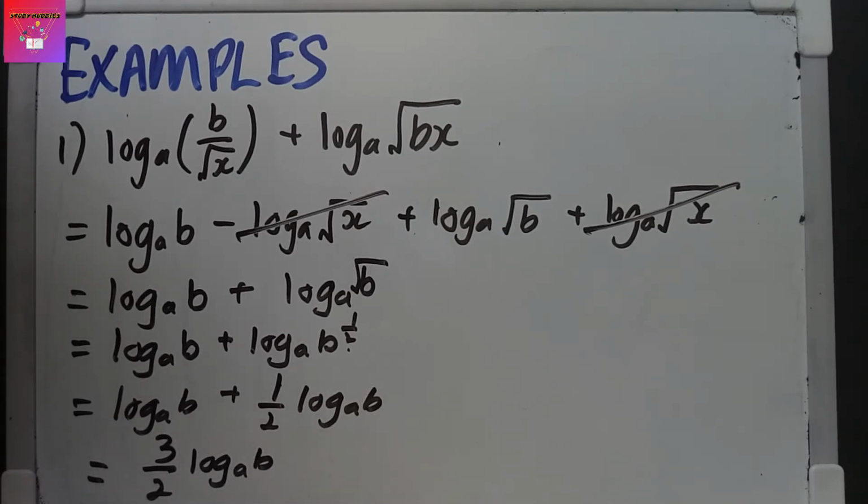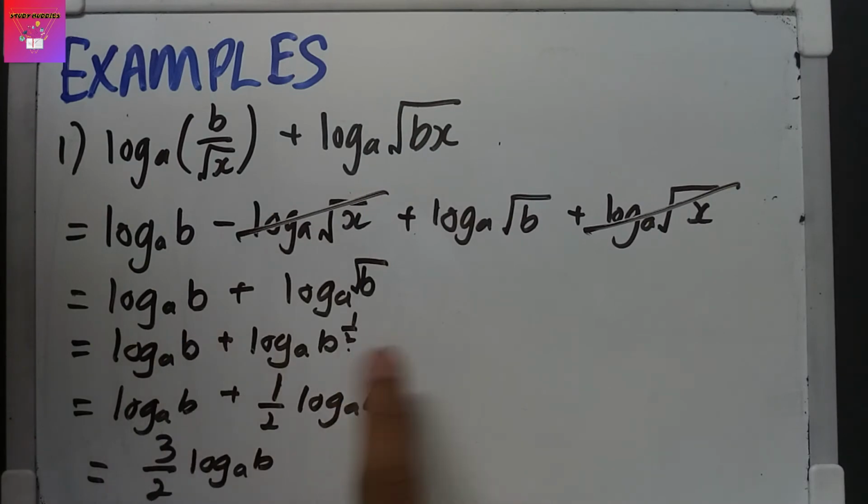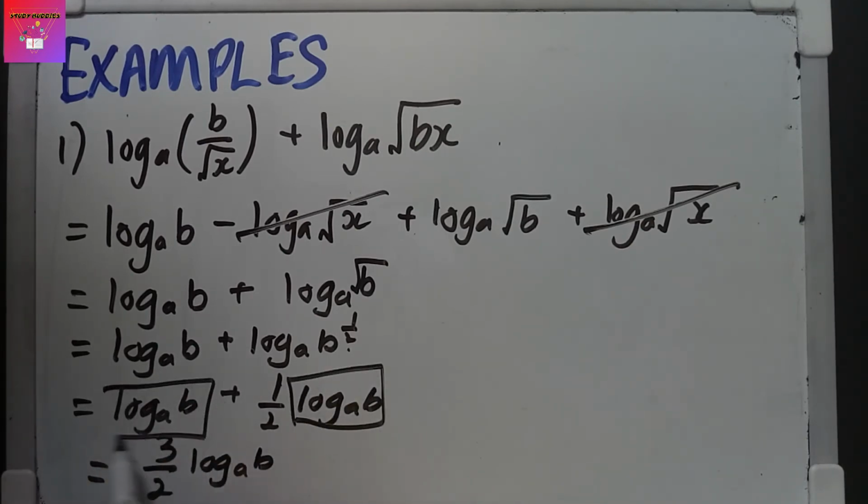So this is the answer for this question. This is how you have to solve the question: first you split everything, then after that you add accordingly. Why I could add 1 over 2 log a b to log a b is because it has the same variable. That's the whole reason.